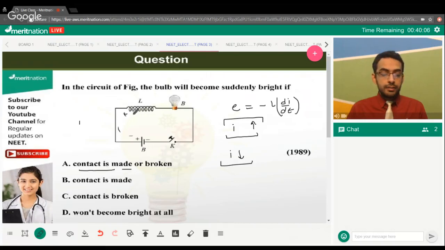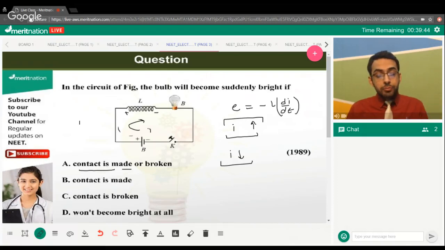That means this will become plus and this will become minus to oppose this. So in that situation the current will become lesser as compared to the current that will flow without this inductor. So when the contact is made, we cannot say that the bulb will glow brighter.